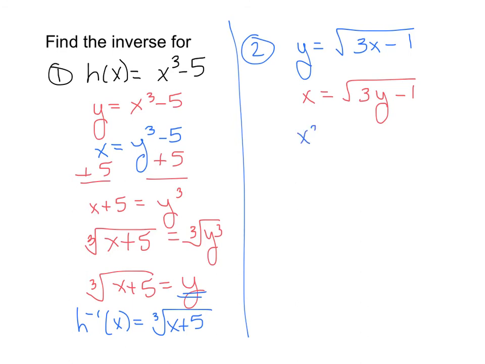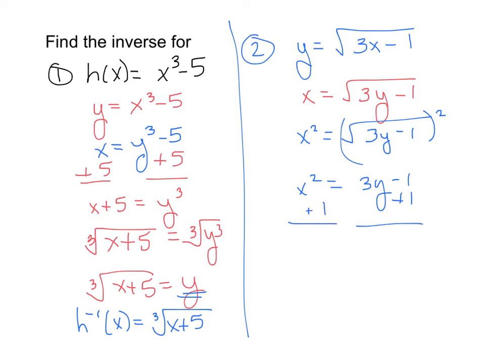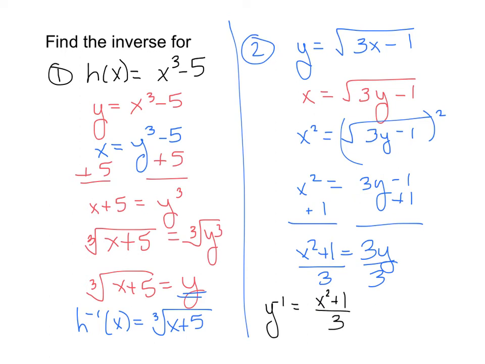So we would square each side to get rid of that square root. So we have x squared is equal to 3y minus 1. We would then add 1 to each side to isolate y. x squared plus 1 is equal to 3y, and divide each side by 3. So we get our inverse, y inverse, is equal to x squared plus 1 over 3.